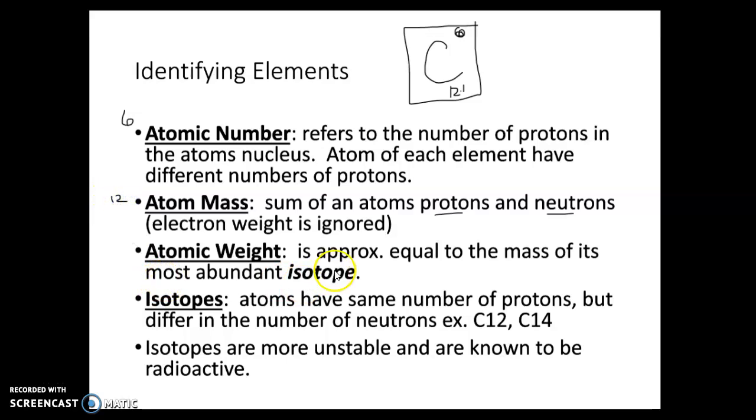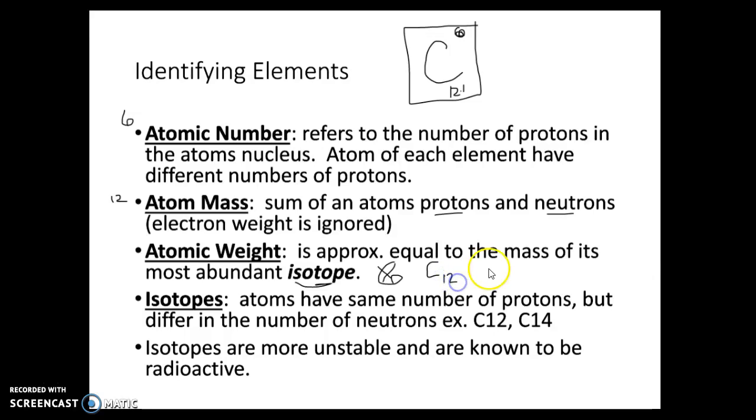Atomic weight is going to typically be a decimal, because it's basically approximately equal to the mass of its most abundant isotope. And an isotope is going to be atoms that have the same atomic number, but they have a different number of neutrons. And so you've probably heard of, oh, that's supposed to be a C. Get rid of that, not a 6. So we've got carbon 12.